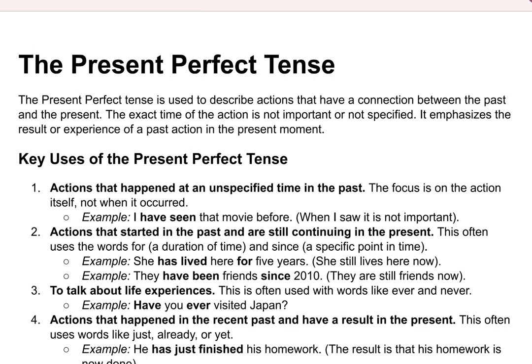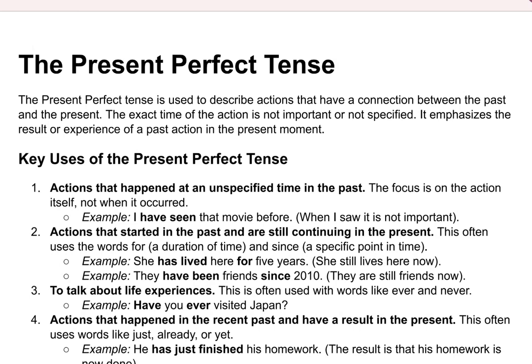Today in this video I will teach you the present perfect tense and the key uses of the present perfect tense. Also in this video we will learn the sentence structure of the present perfect tense.